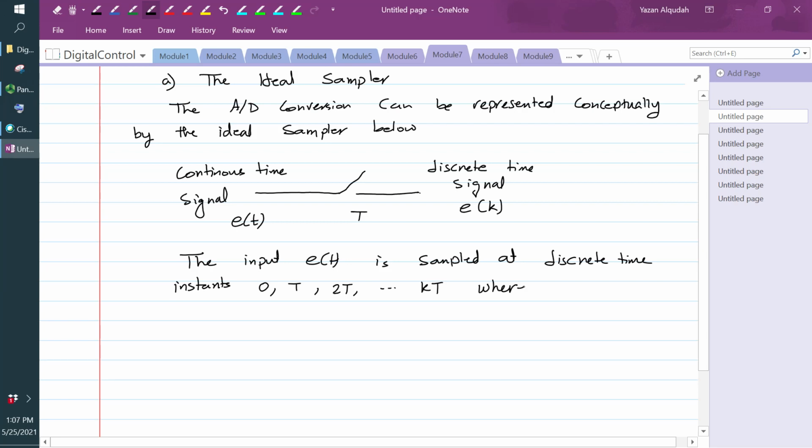What do we call this T? We call it the sampling time or the sampling period, where T is the sample period and k is a positive integer.